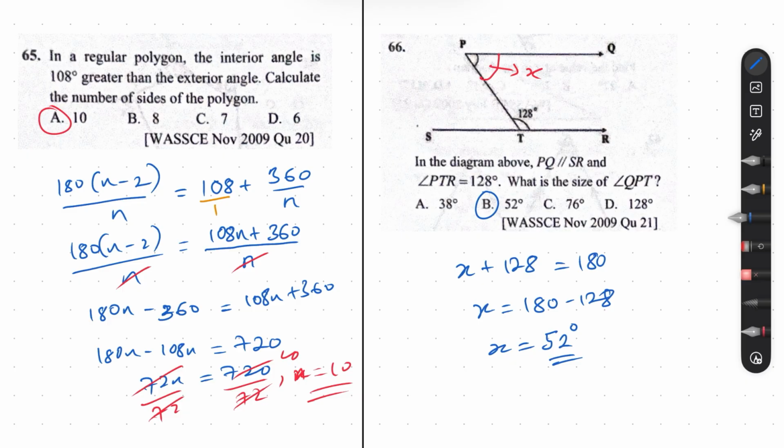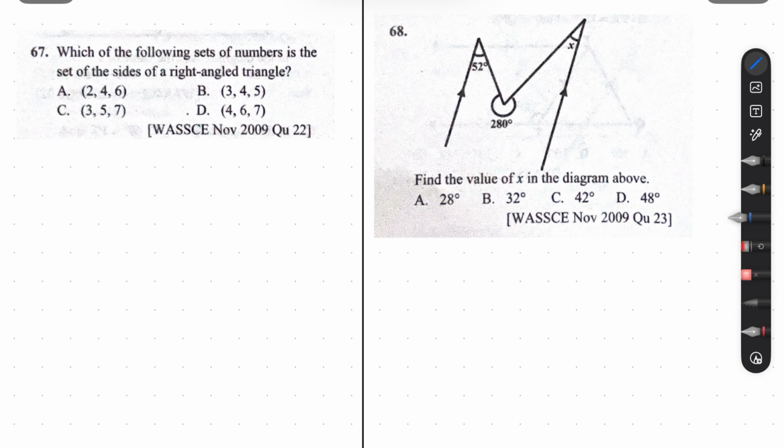Let's move on to question number 67. The question says, which of the following sets of numbers is the set of sides of a right angle triangle? So what the question means is we need to find which of these sets forms a Pythagorean triple. And we know what a Pythagorean triple means, right?